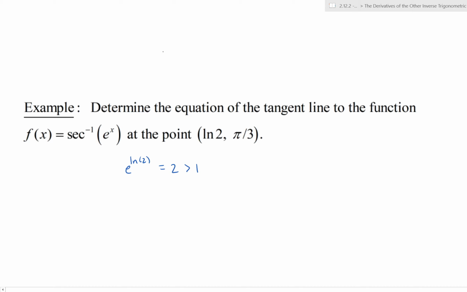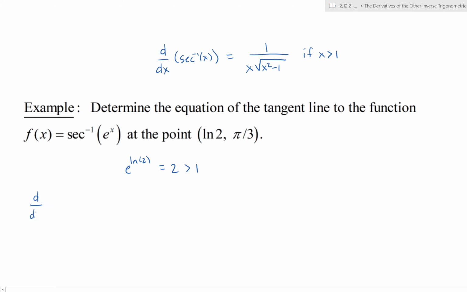So remember, just above, the derivative with respect to x of the secant inverse of x is equal to 1 over x times the square root of x squared minus 1 if the value of x was bigger than 1. We're going to use that rule.